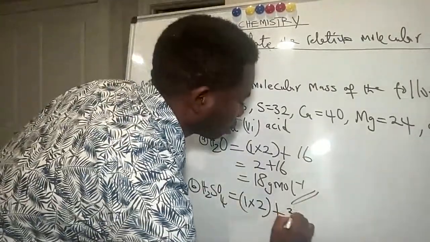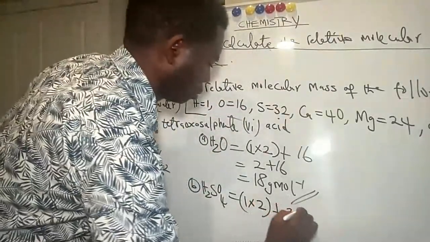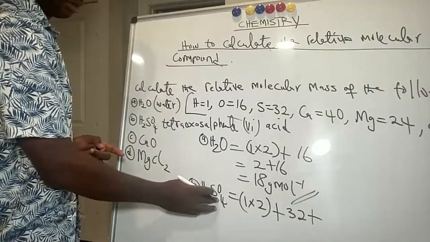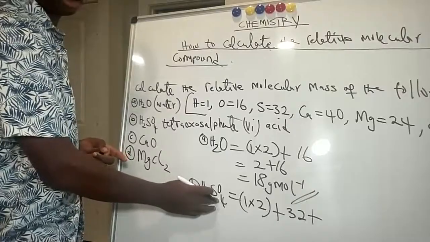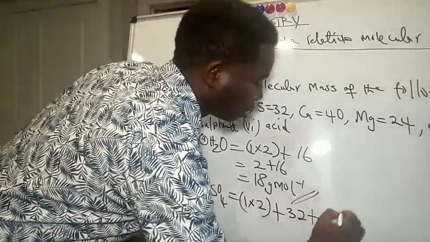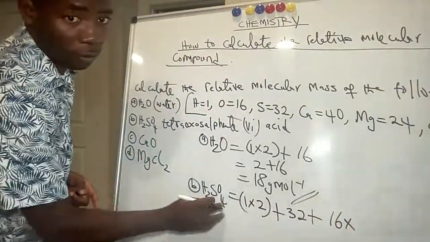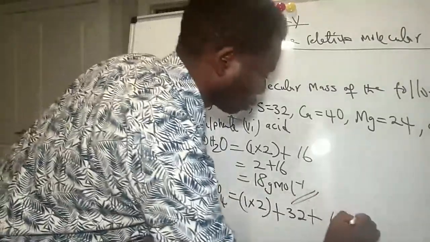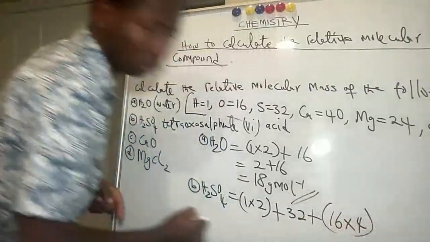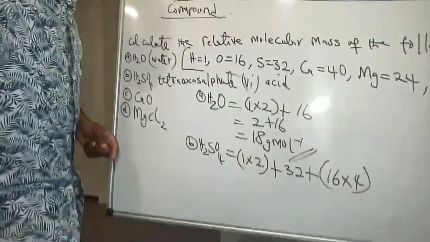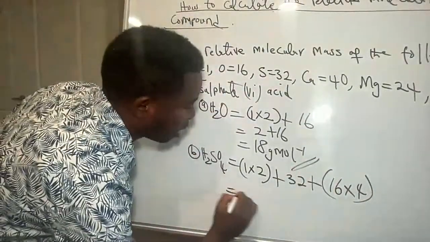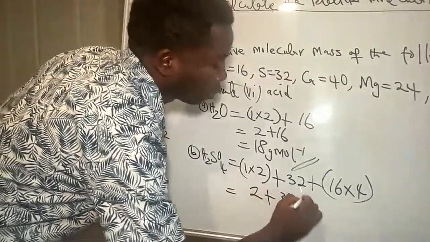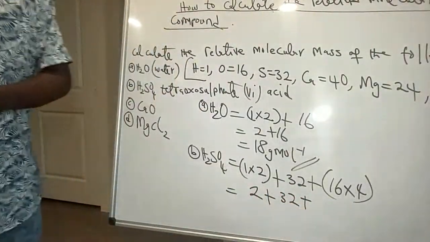Is 32, plus, what is the mass number of oxygen? Is 16, right? Good. 16 times 4. So we have 1 times 2, plus 32, plus 16 times 4.